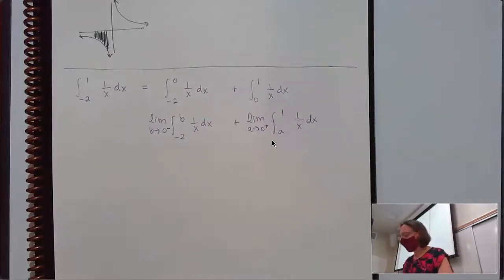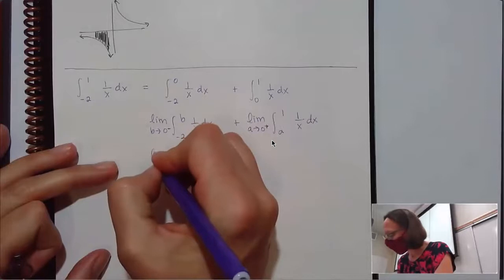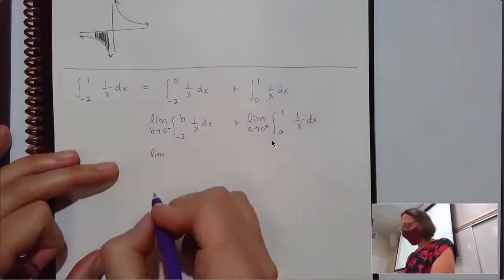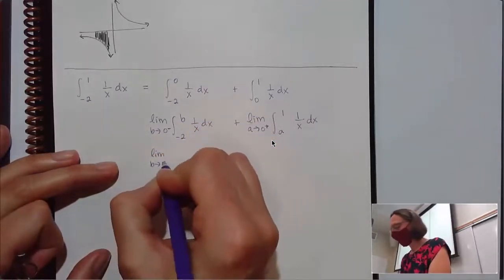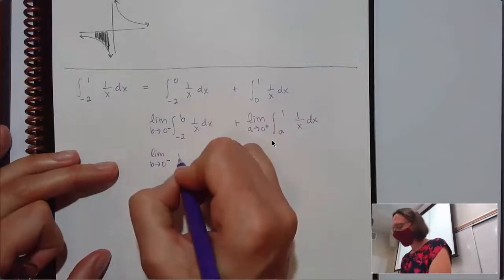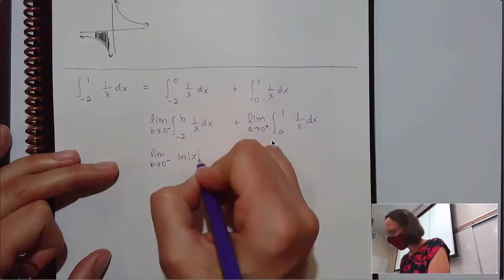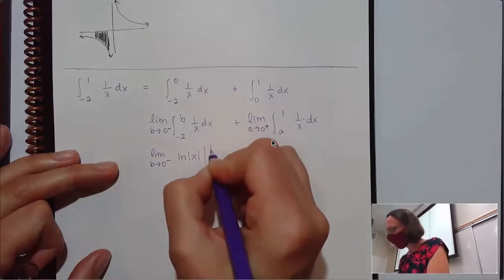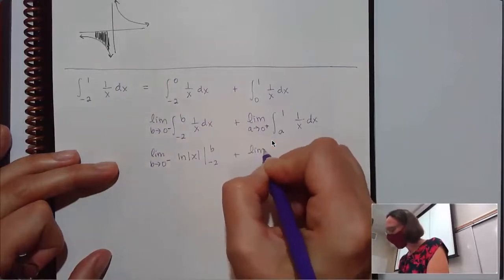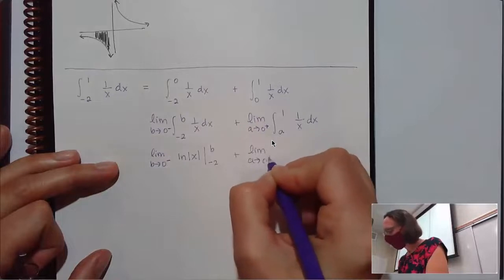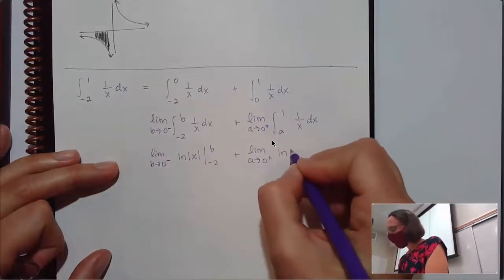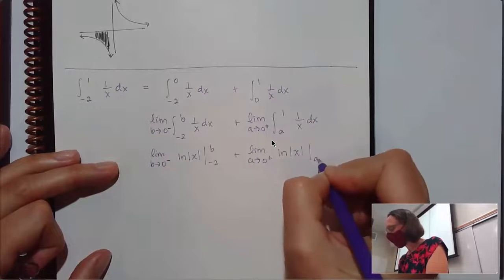Now we're ready to integrate. I'm still going to have that limit as b approaches 0 from the left, natural log, absolute value of x from -2 to b, plus a limit as a approaches 0 from the right, natural log, absolute value of x from a to 1.